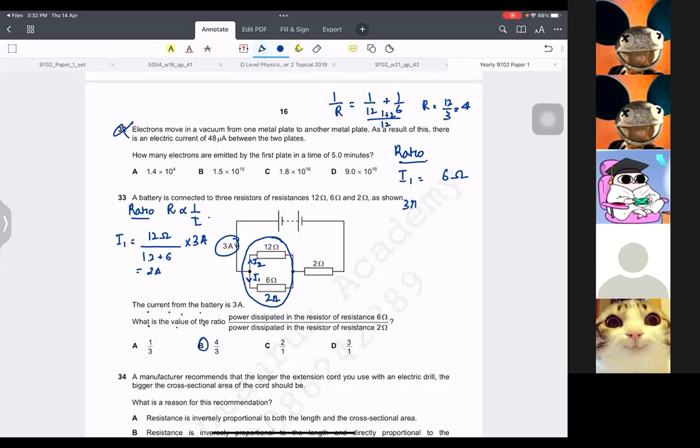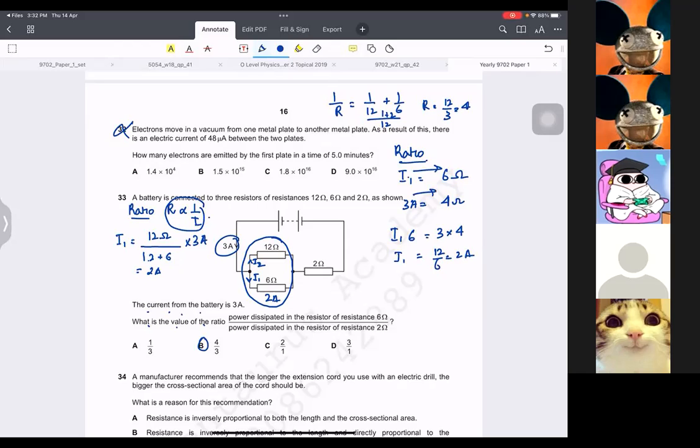And 3 ampere is going in this whole, so this is 4 ohms. Now, please understand: in inverse ratio, you don't cross multiply, you direct multiply. So I1 will be multiplied by 6 and 3 will be multiplied by 4. So 3 4s are 12, and 12 divided by 6 is 2. Do you understand? This could also be done.